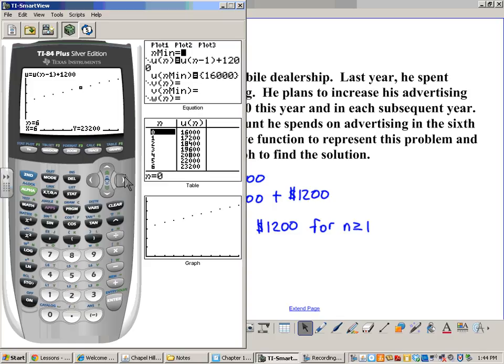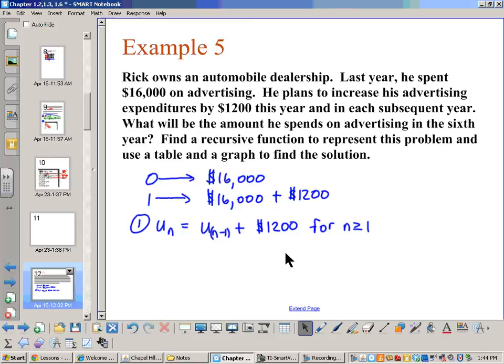So at the 6th year, we're at $23,200. Okay, so at 6 years, it's going to cost $23,200.